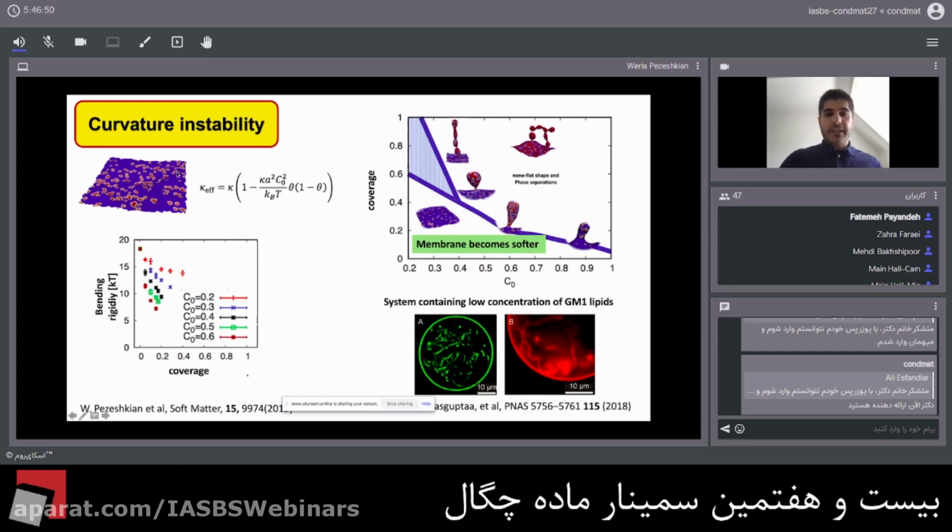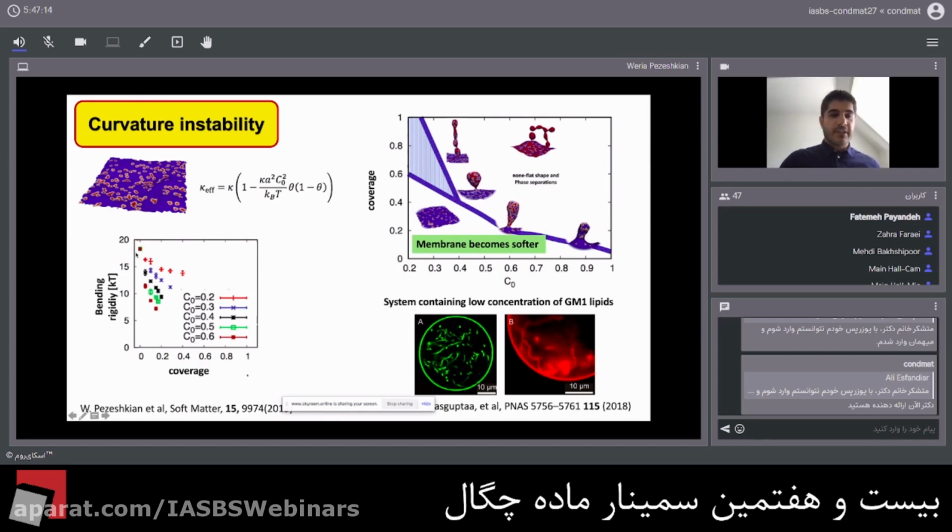Theoretically, based on stability analysis, only in a linear regime, you can predict that the effect of this protein is only to reduce the effective bending rigidity. So it scales like this. Eventually the bending rigidity will become 0, and then it will form a branched polymer.